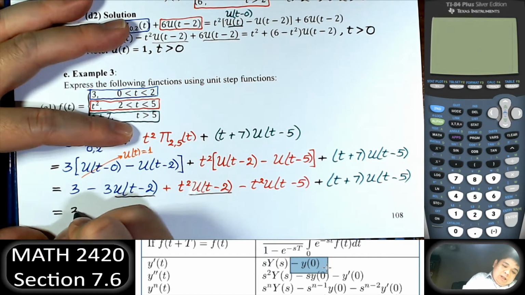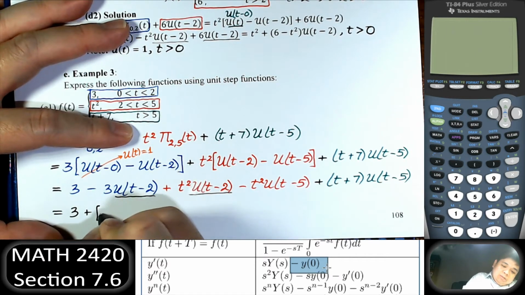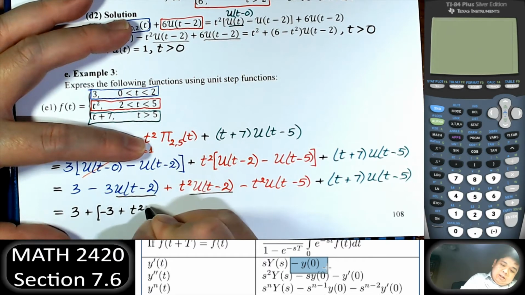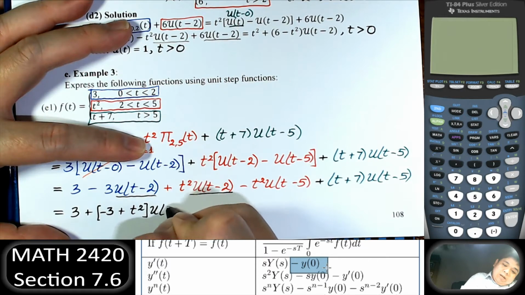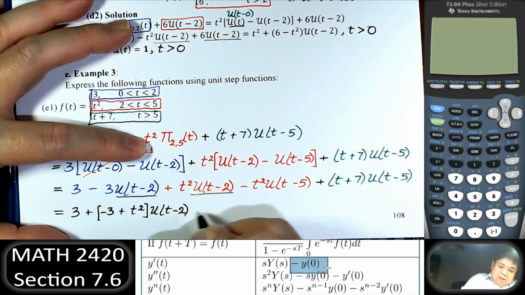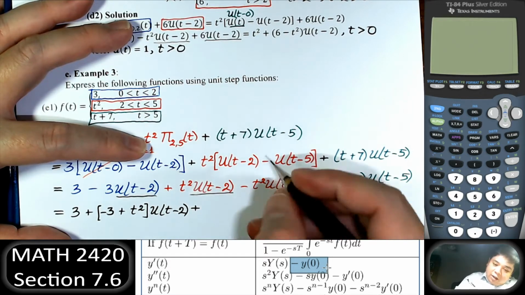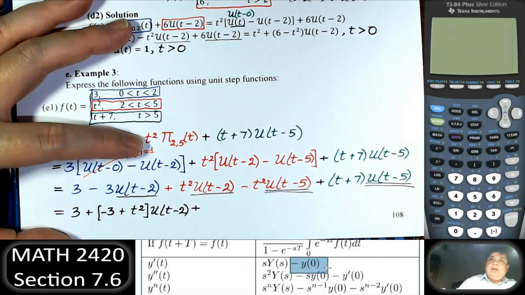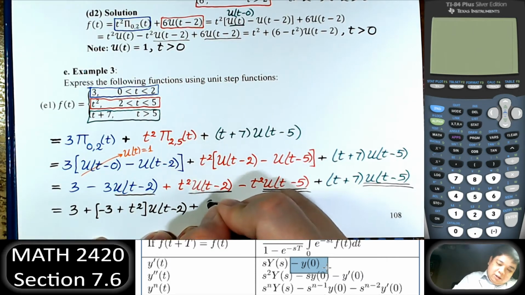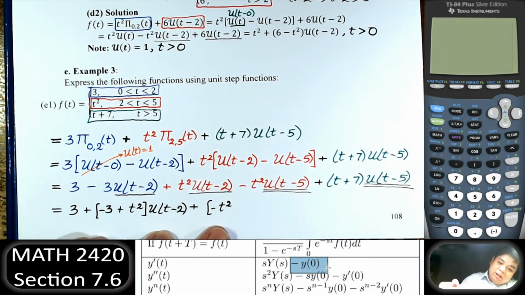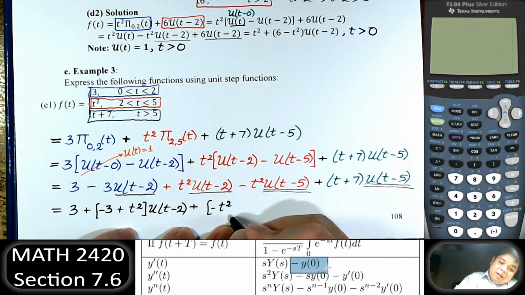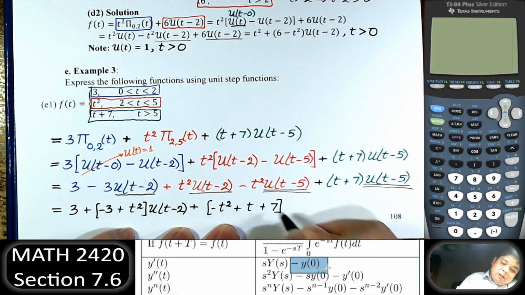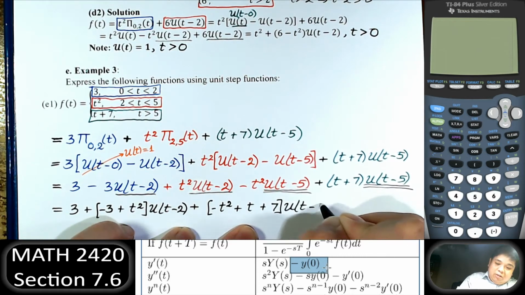So we will have 3, minus 3 plus t squared, u of t minus 2, plus, factor this out, minus t squared then plus t plus 7, u of t minus 5.